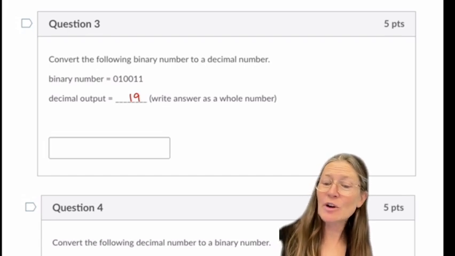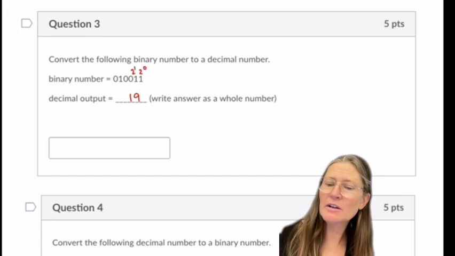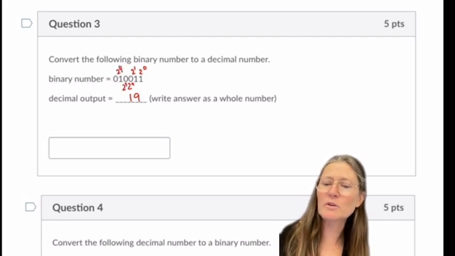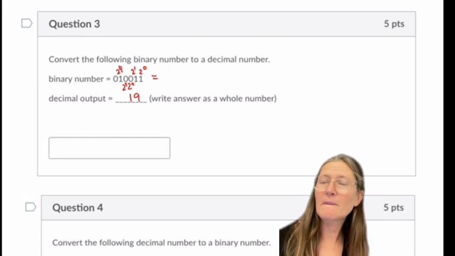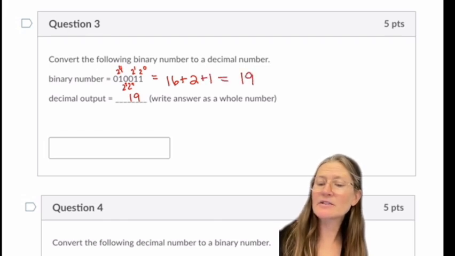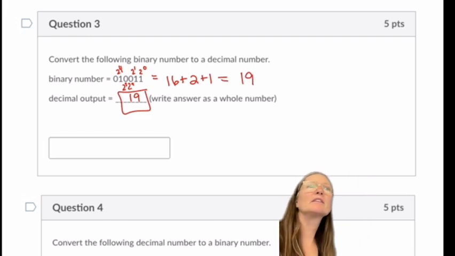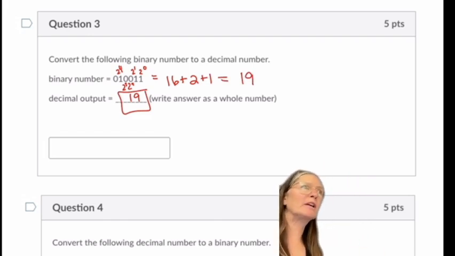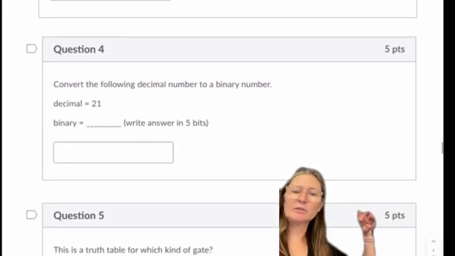Okay. So 2 to the 0, 2 to the 1. This would be 2 to the 2, 2 to the 3. This would be 2 to the 4th. What's 2 to the 4th? 16 plus 2 plus 1. It is 19. So being able to convert from binary to decimal and from decimal to binary.